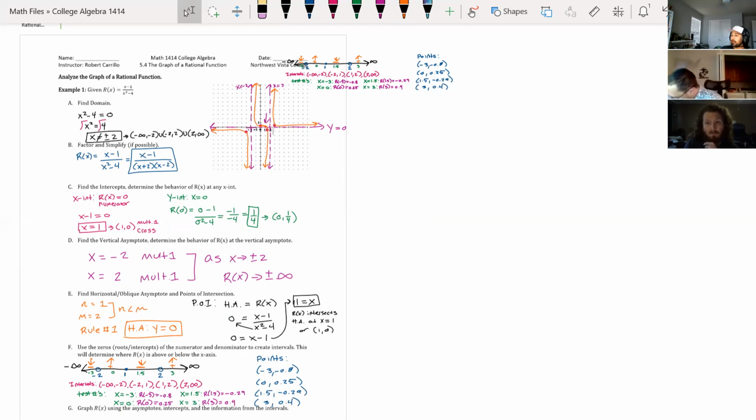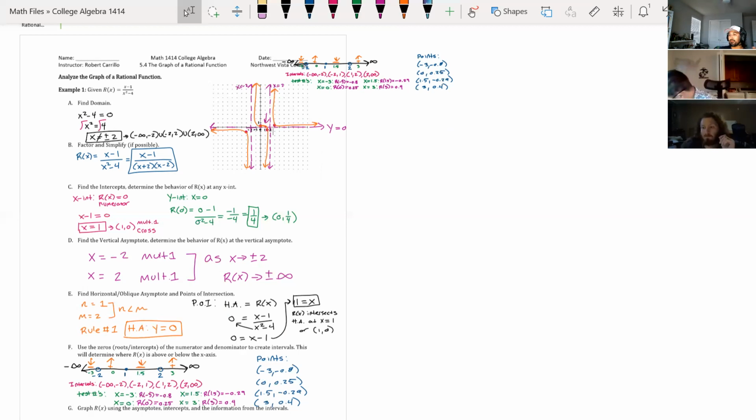We know how to find domain. We know how to factor. We know how to find intercepts. We know about multiplicities of intercepts and asymptotes. We now have to apply the rules of horizontal asymptotes. Now we find a point of intersection. We create a sign chart. I think we created sign charts in like 4.5 or something like that.